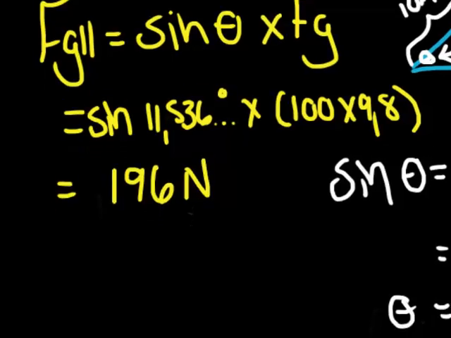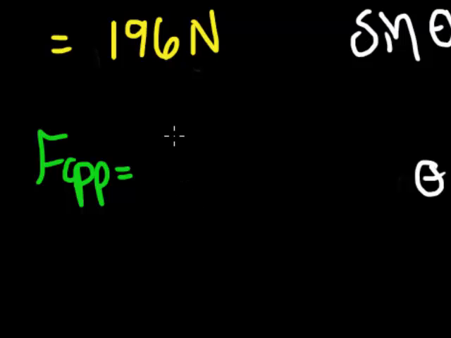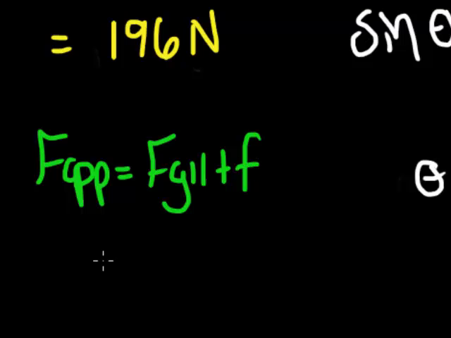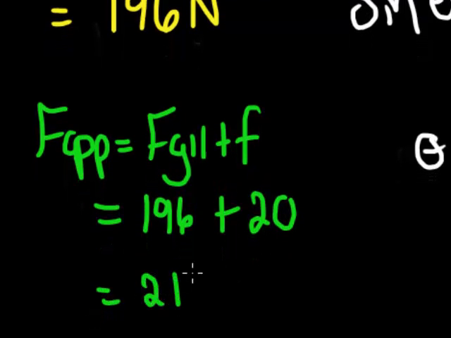Now from here onwards we can calculate F applied. Remember we said because F net is equal to 0, F applied will be equal to Fg parallel plus friction. Now if our Fg parallel was 196, and friction was given as 20, then therefore this ends up being 216 newtons for F applied.